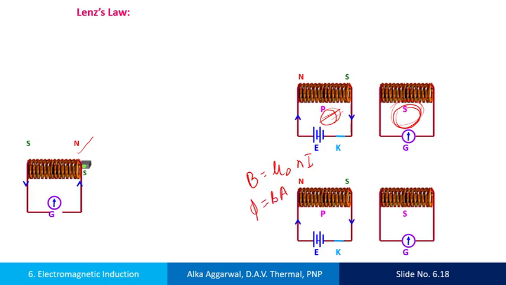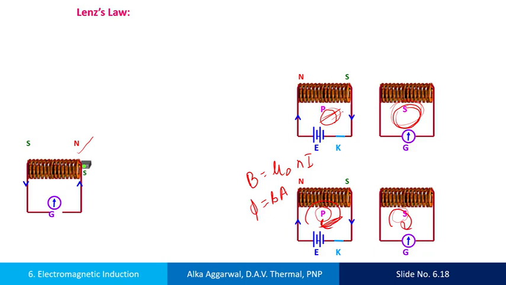If the flux linked with the coil P changes, then as a result the flux linked with the coil S also changes and current flows in the coil S. According to Lenz's law, the direction of the current is such that it opposes the decrease in flux in coil P. So the direction of current in both coils is the same. If in this coil it is in clockwise direction, then in this coil also it is in clockwise direction.